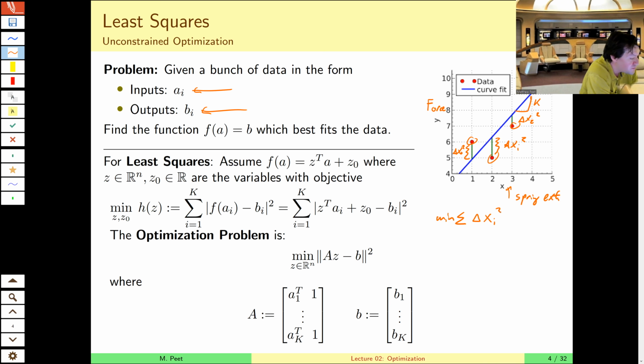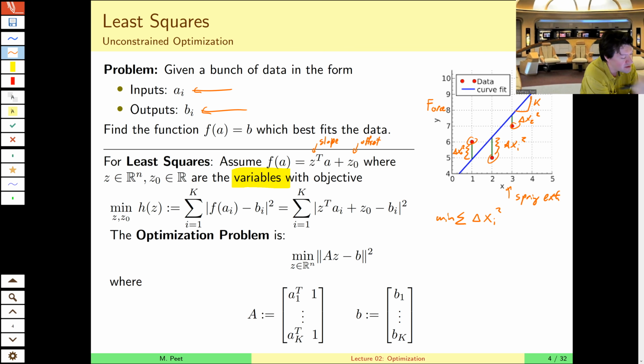So first of all, we have to think about what our variables are. So what are our variables? Well, we've said we want to fit a line. So what are the parameters which define a line? If our input is multidimensional and our output is scalar, we can define a line as a slope plus a constant offset.